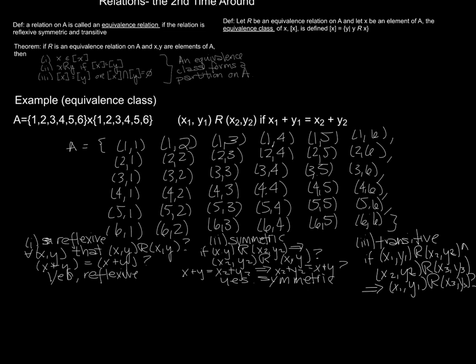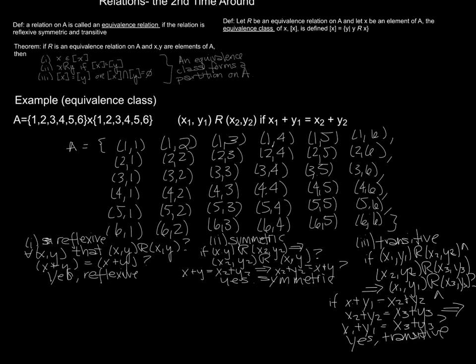In other words, if x1 plus y1 equals x2 plus y2 and x2 plus y2 is equal to x3 plus y3, does that imply x1 plus y1 equals x3 plus y3? And the answer is yes. So this is transitive, and this is an equivalence relation.